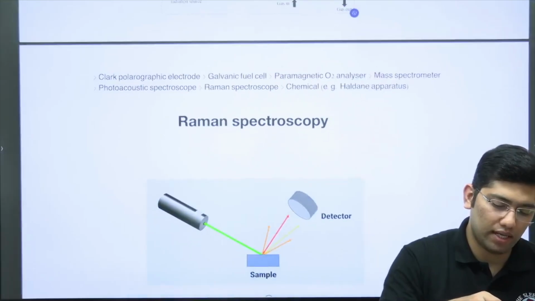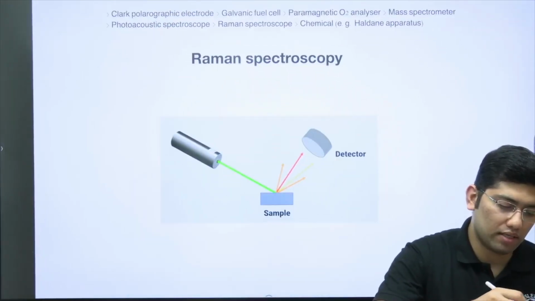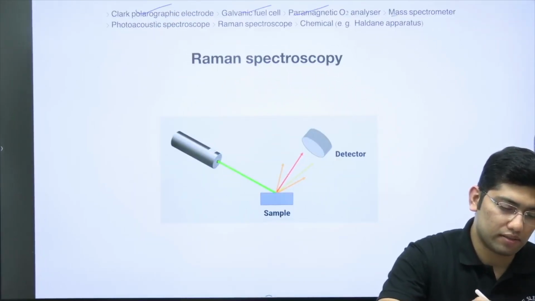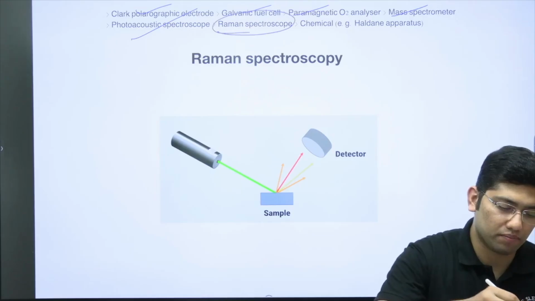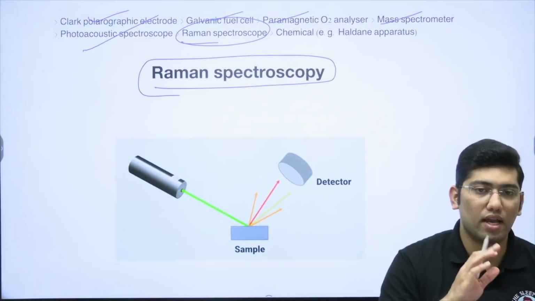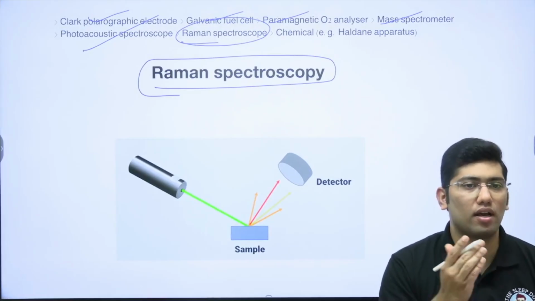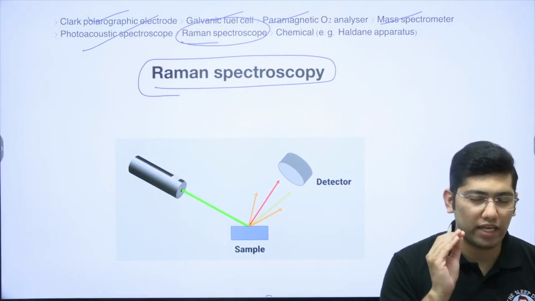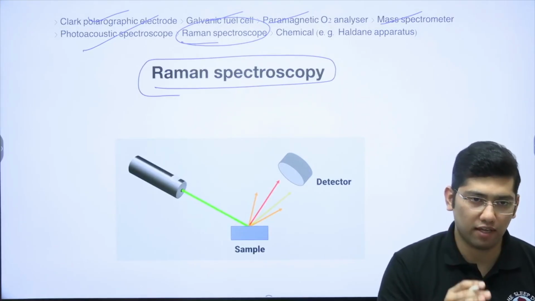Now let's go on to Raman spectroscopy. Now, what is Raman effect or Raman spectroscopy? Very simple concept, just listen carefully.